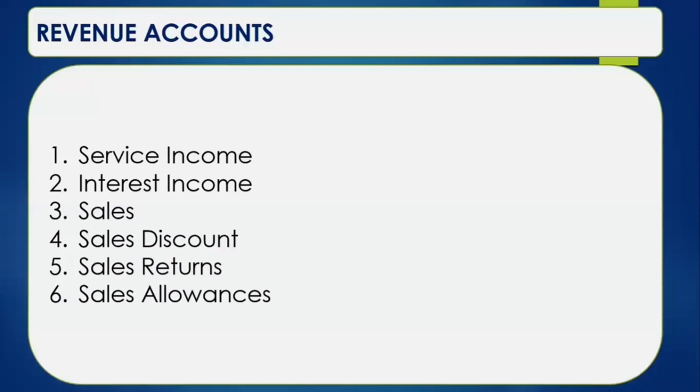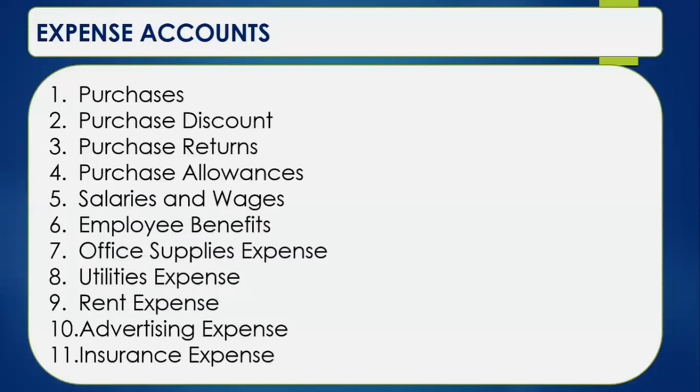And on the other hand, under expense accounts, I have cited 11 account names. And these are the following. First, we have purchases. These are merchandise purchases which are intended for sale. And second, we have purchase discount. It is a discount given by merchandisers when you pay your liabilities on time.